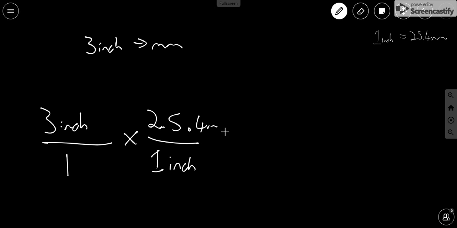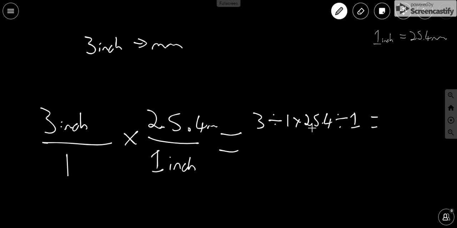So we're just going to rewrite that over here, ignoring the units for the moment and working with the numbers. That looks like 3 divided by 1, times 25.4 divided by 1, will give us our answer.